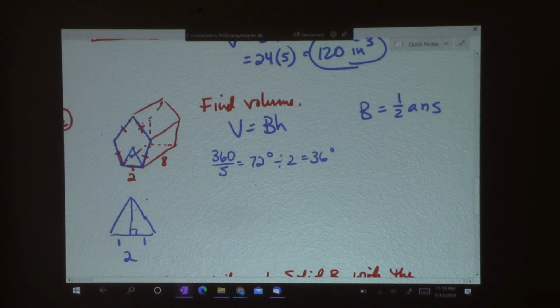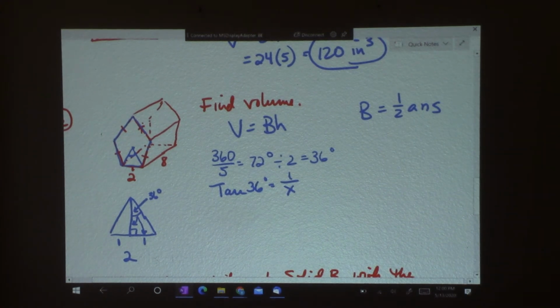So this here now is 36 degrees. So I'm looking from this angle, and I want to find the height. And I have that 1 there. So I'm going to do opposite over adjacent. Remember that? Opposite over adjacent is tangent. So I've got tangent of 36 degrees is 1 over x.